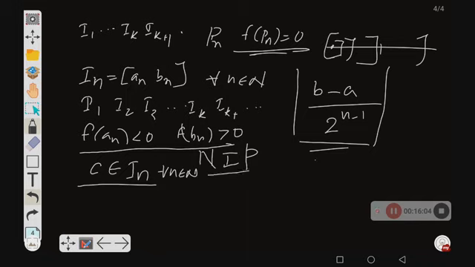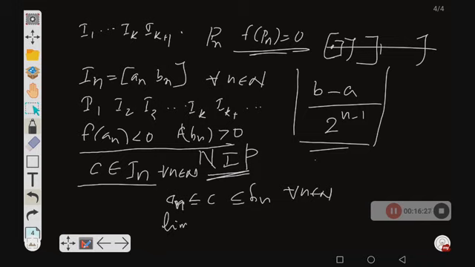This is the nested interval property. We get a point c which belongs to every In. And also we have an less than or equal to c less than or equal to bn for every n belonging to N.